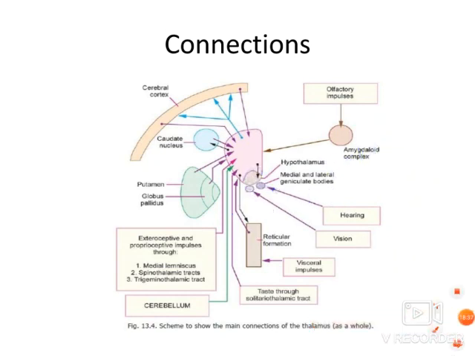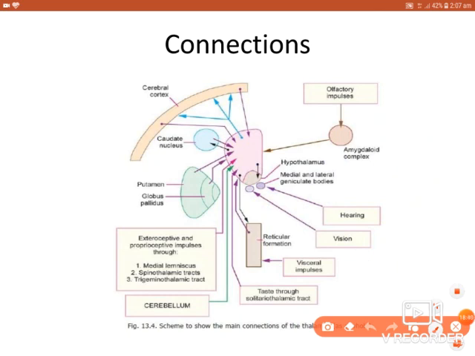Here you can see this thalamus. The thalamus receives sensory and motor information, mainly through the main tracts I already described. Here in the thalamus this information is integrated and processed, so the thalamus acts as a relay station of the central nervous system.